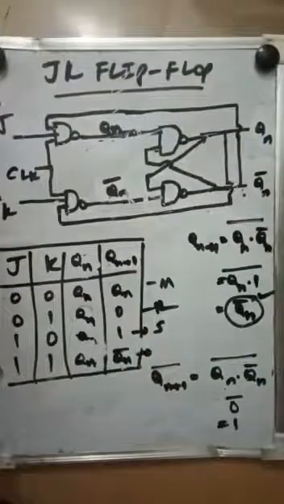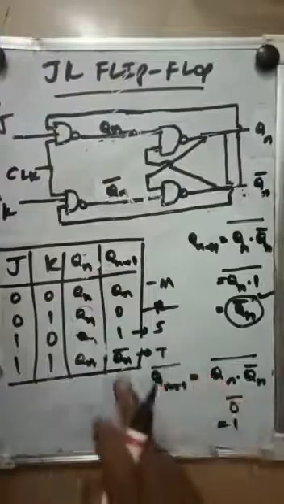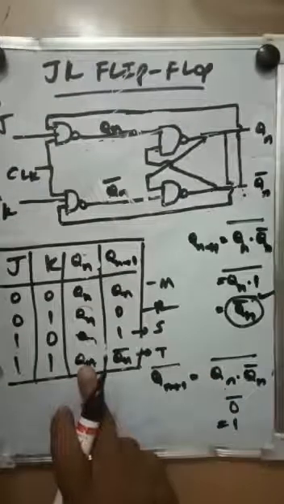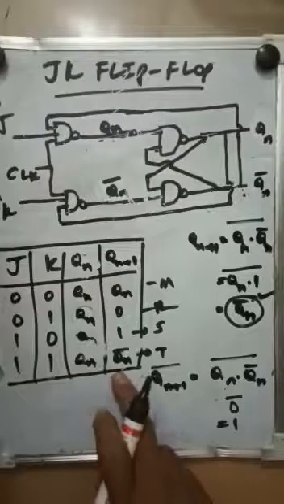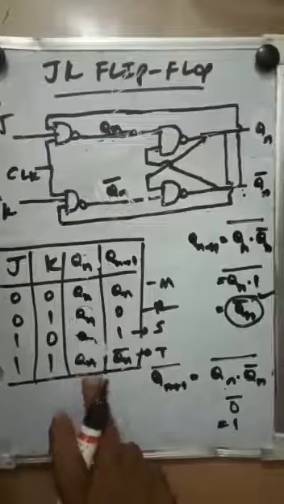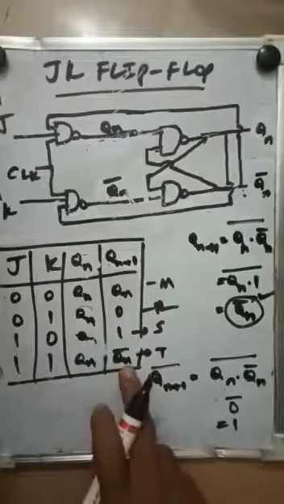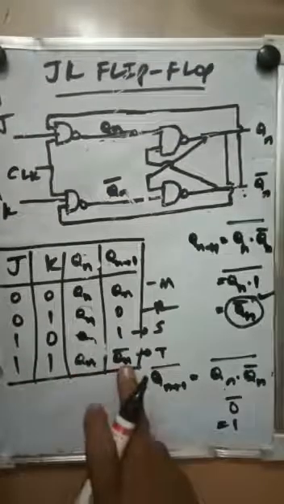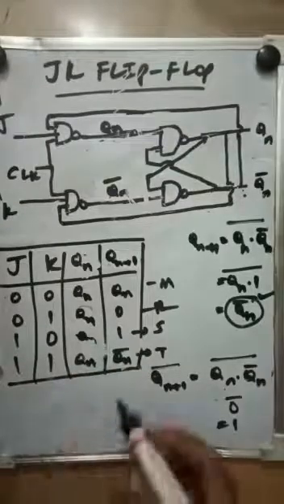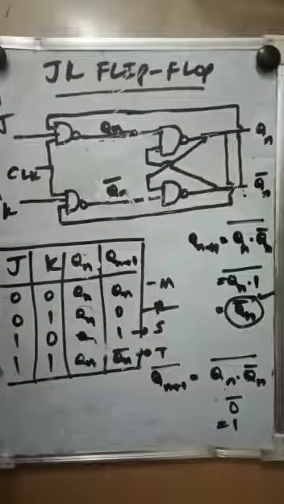T means toggle mode. Toggle mode means if the present state is Qn, the next state is Qn bar. If the present state is Qn bar, the next state is Qn. That means if it is 0, the next state turns into 1. If it is 1, the next state turns into 0. This is how the JK flip-flop resolves the problem of the RS latch or RS flip-flop.